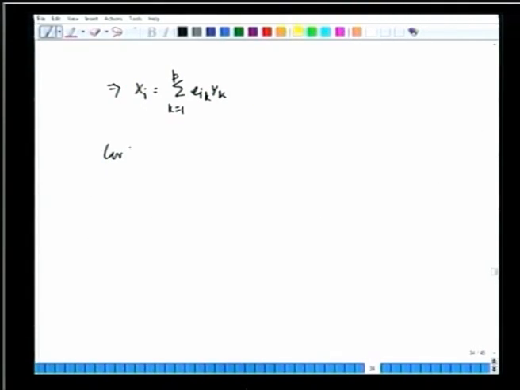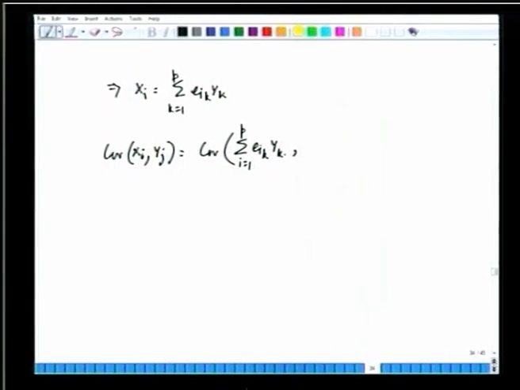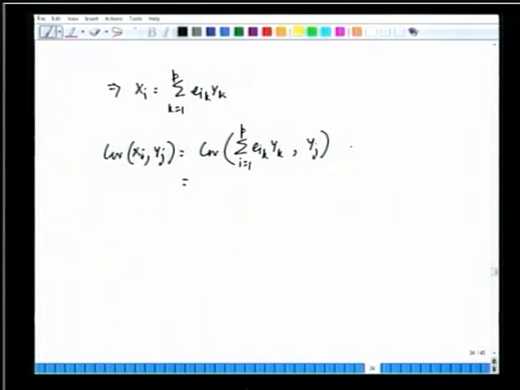So now if I have to consider the covariance between xi and yj, I will use this form of xi as a sum, and for yj, I am simply taking yj. I can do this because I already know the covariance between any yk and yj. So it is simple for me to handle this.